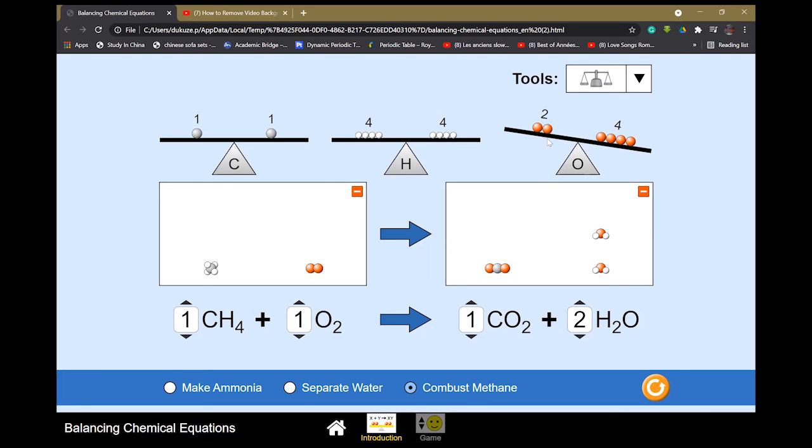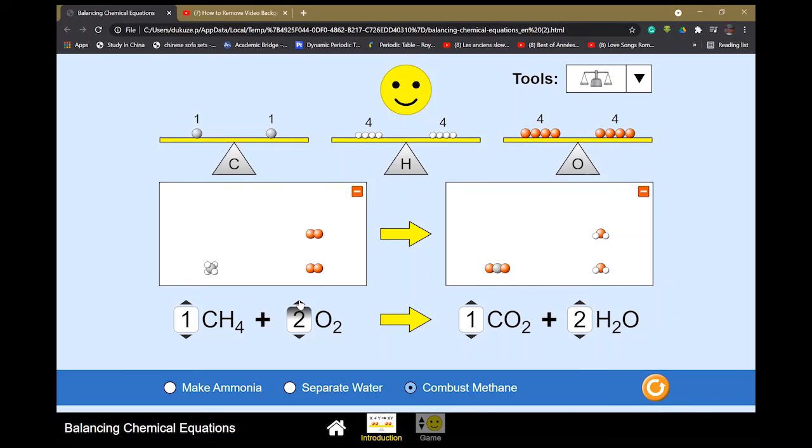For the oxygen, here we have 2, but here we have 4. So we increase to 2, and our equation is balanced. Well balanced. Okay? I hope that you have understood how we use the simulation to balance chemical equations.